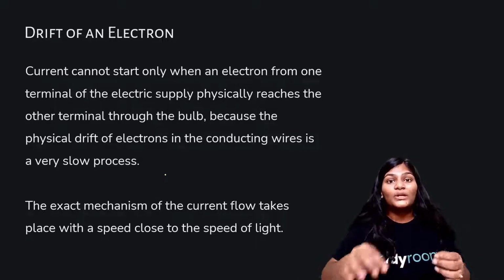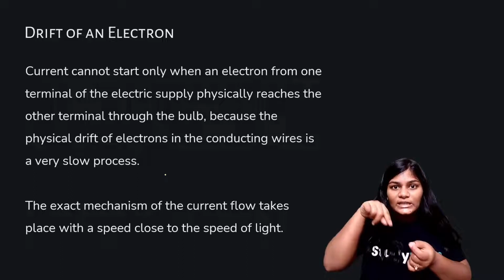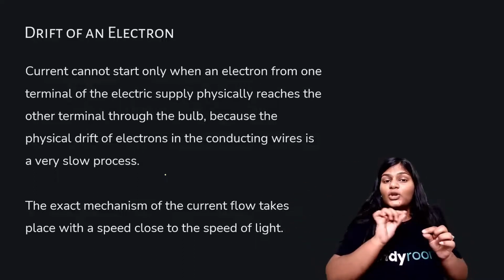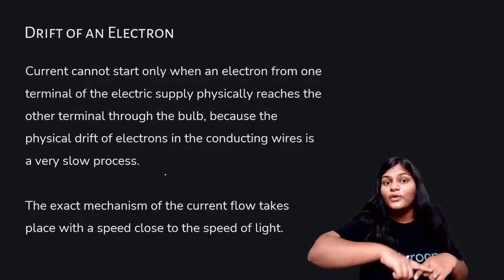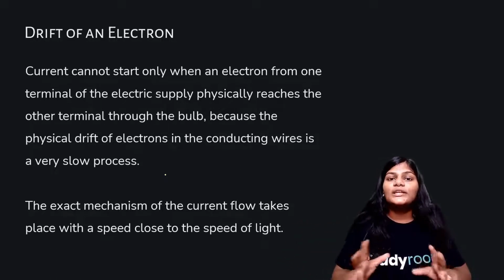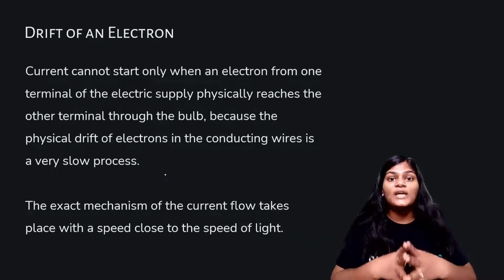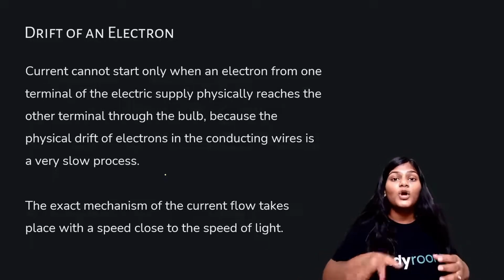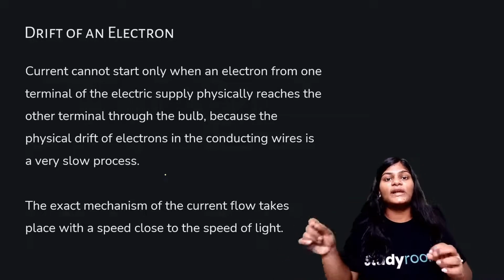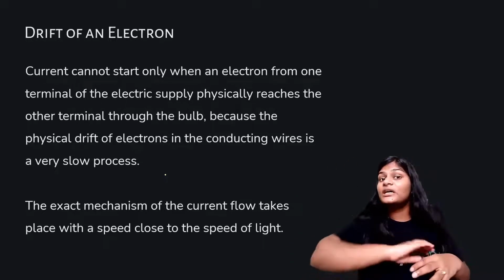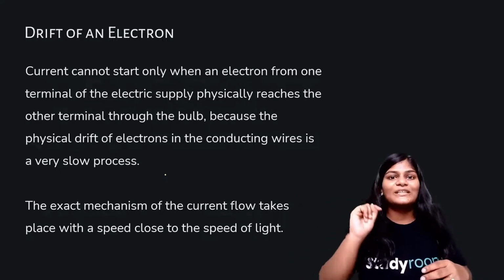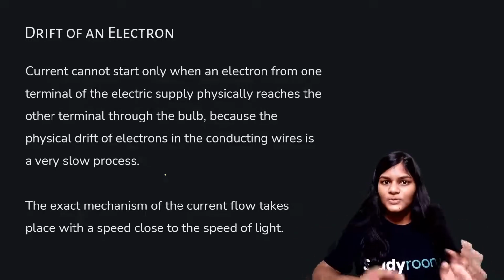It's not each individual electron reaching the other end. It's the electricity flowing as a whole. So you just need to know that electricity flows at a very high speed, and it is not because each individual electron starts from the negative terminal and goes to the positive terminal. It's a continuous process that takes place almost at the speed of light.